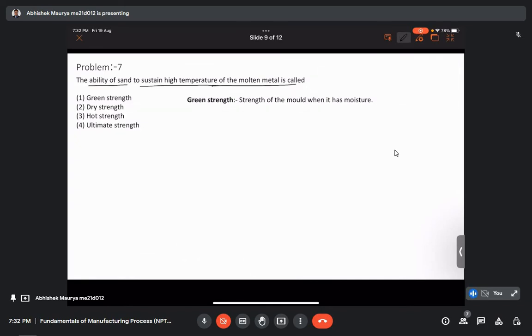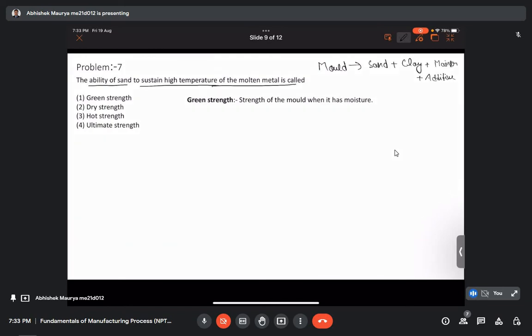If all of you can remember, then mold is made up of sand plus clay plus moisture or water, and sometimes some additives are also added to get some specific properties.